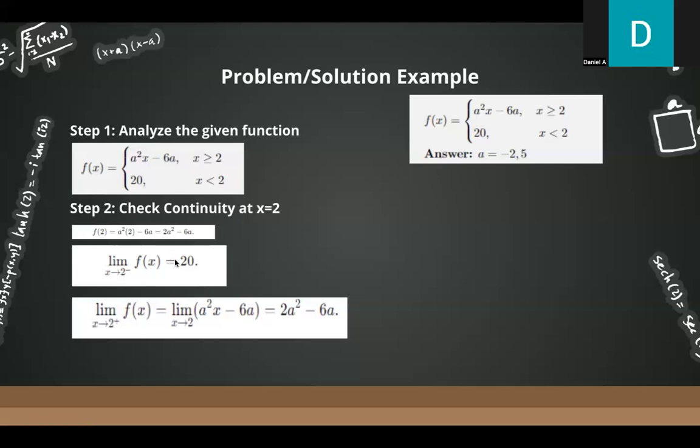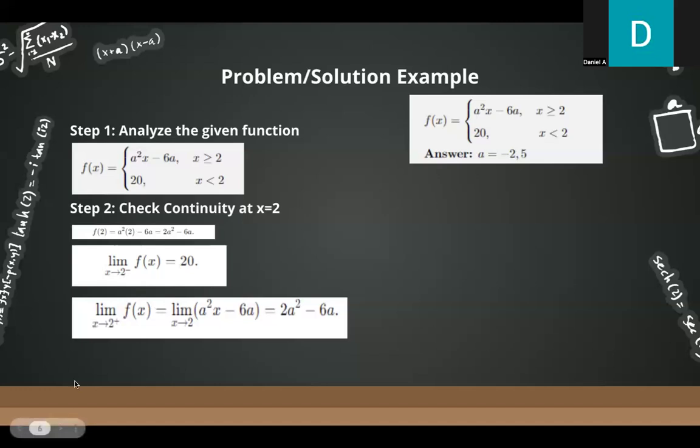Now we need to find the limit of f(x) as x approaches 2 from the right. In this case, x is going to be greater than or equal to 2. For x greater than or equal to 2, f(x) equals a to the power 2x minus 6a.